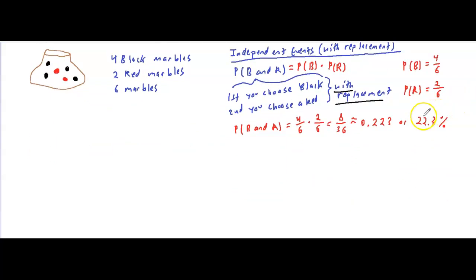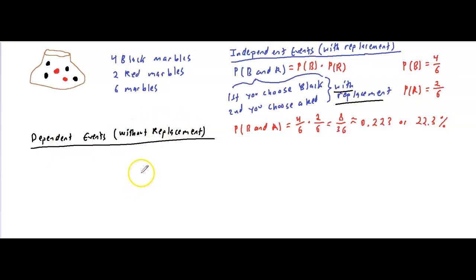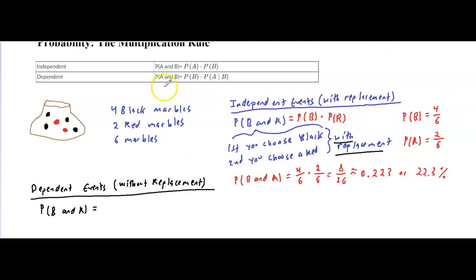Now let's take a look at dependent events. Often we'll have the keyword without replacement. Looking at the formula for that, if I'm going to pick a black and then pick a red, the new formula for dependent events says it's the probability of getting a black times the probability of getting a red, given that I pulled a black on the last trial.